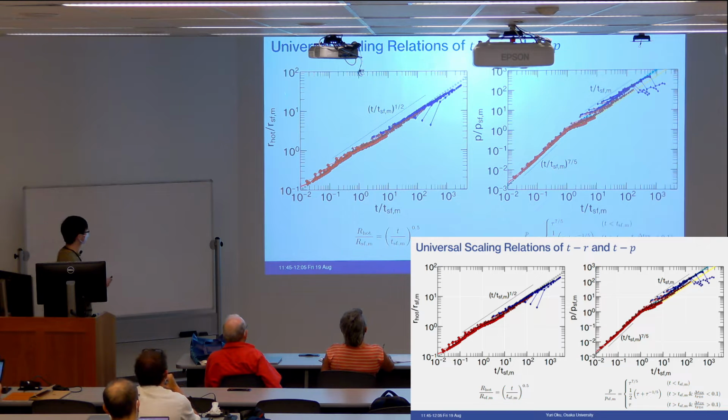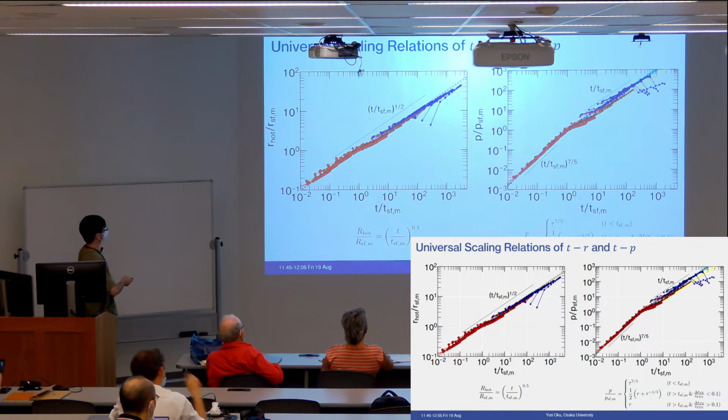The left panel shows the radius and the right panel is momentum. In these panels, the x and y axes are normalized by the shell formation time and the radius and momentum at the shell formation time. Then we can obtain this universal scaling relation. Until the shell formation time, the superbubble grows adiabatically and then enters the radiative phase.